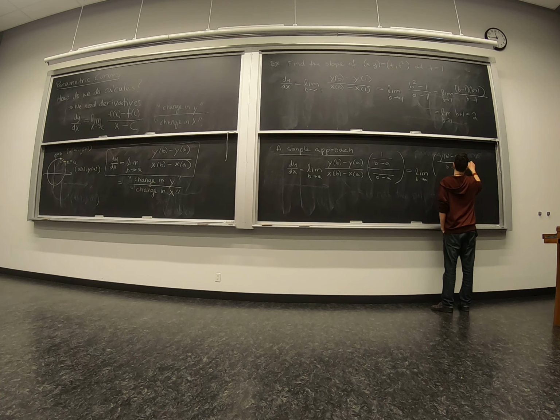Introduce the b minus a, and now this turns into the definition of the derivative of each of those parameters, the parameter y and the parameter t. So this gives us a formula in terms of the derivatives of the individual components.